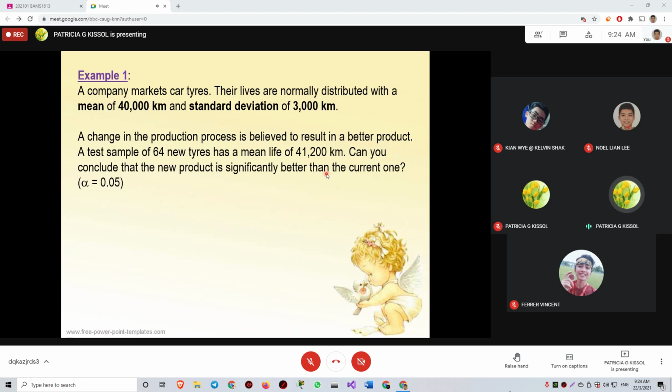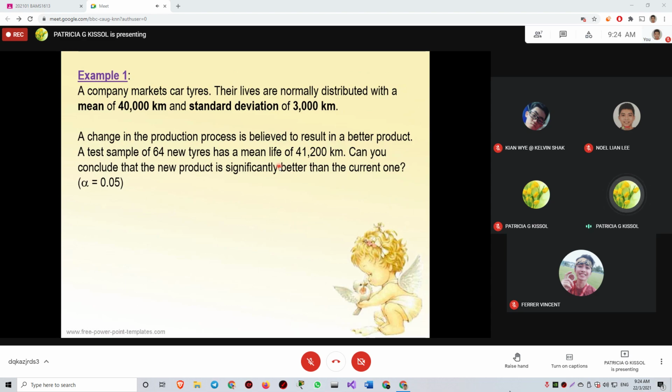So in this case, class, you should focus on the last question, meaning the last sentence. You can see here, can you conclude that the new product is significantly better than the current one? Looking at this sentence, significantly better than the current one, it tells us we're looking at something concerning an increment.